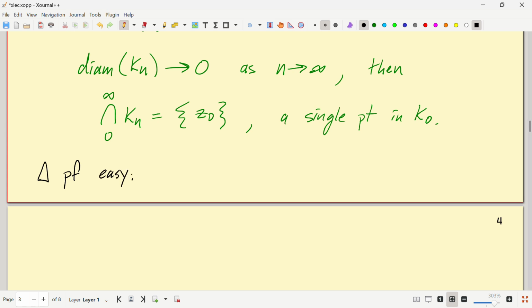I take a corner. Pick a corner of each triangle. So that would be, say, a W_n in my Q_n.